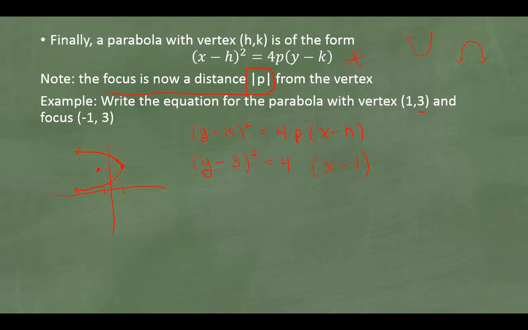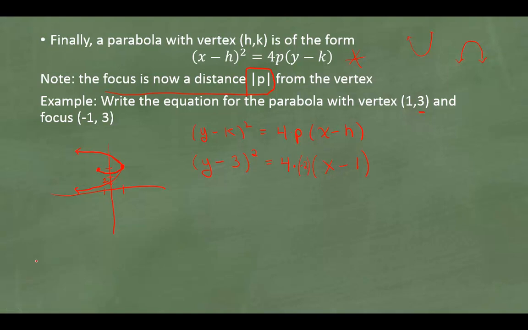And the focus here, when it says the focus is the distance of absolute value of p from the vertex, that means that the distance here from the focus to the vertex is, if this is -1 and that's +1, a distance of 2. So this should be, and because it opens to the left, it should be -2. Right?